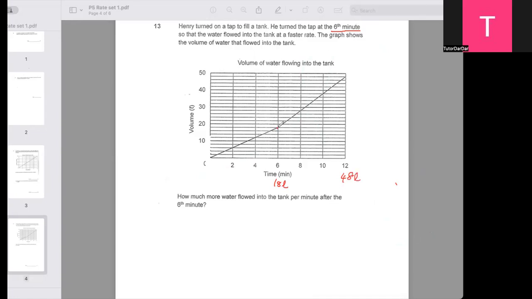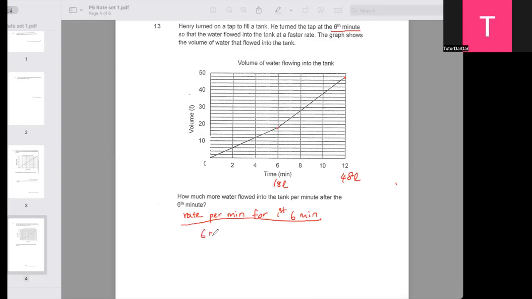It is at this point and this point. Now, how much more water flows into the tank per minute after the 6 minutes? So let's figure out the rate per minute for the first 6 minutes.